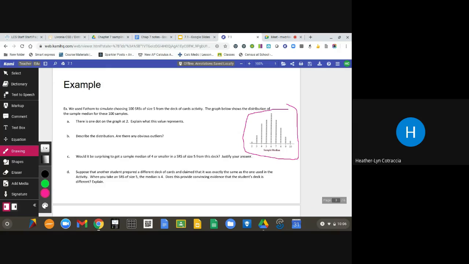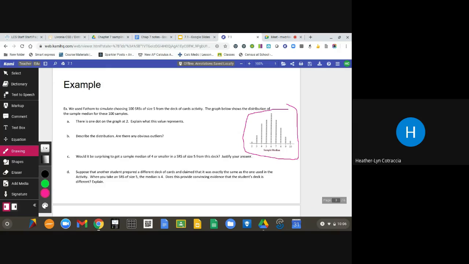So before, each dot would mean 1 point. That no longer means that anymore. It is the statistic of a sample of a certain number. In this case, it's 100. So for instance, this first question says there's a point on the graph at 2. That does not represent a 2.